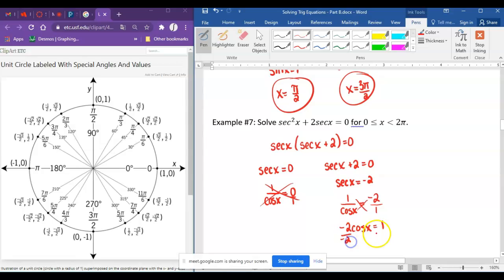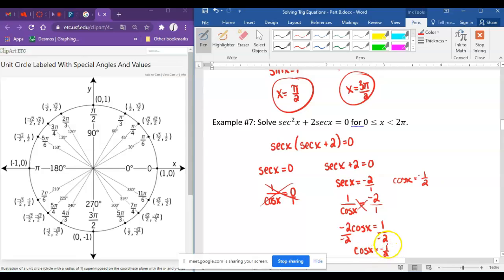We could divide both sides by -2, and cosine x equals -1/2. We also can just think these are reciprocal identities, so if secant is -2 over 1, then cosine x is going to be -1 over 2. They're always flipped of each other.